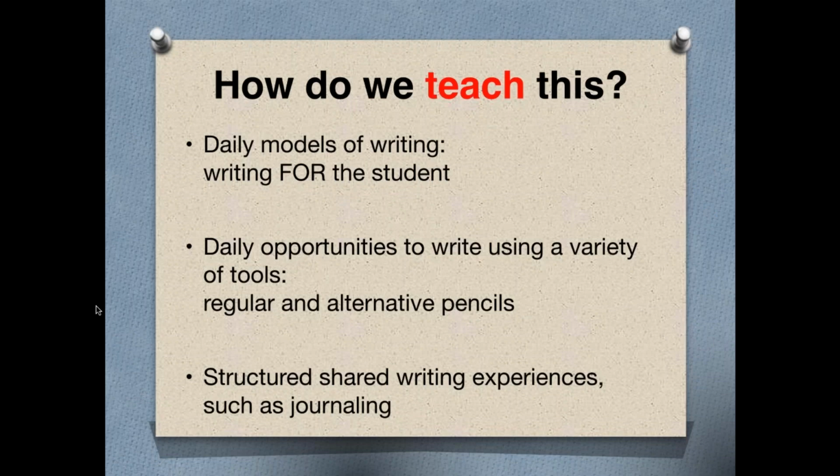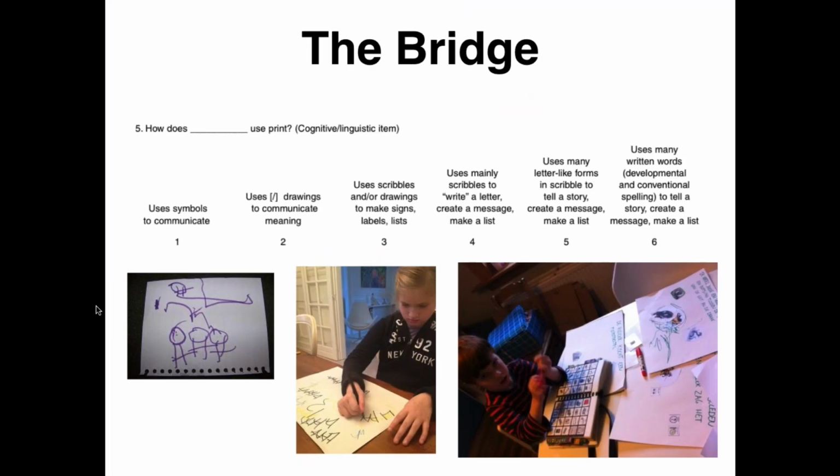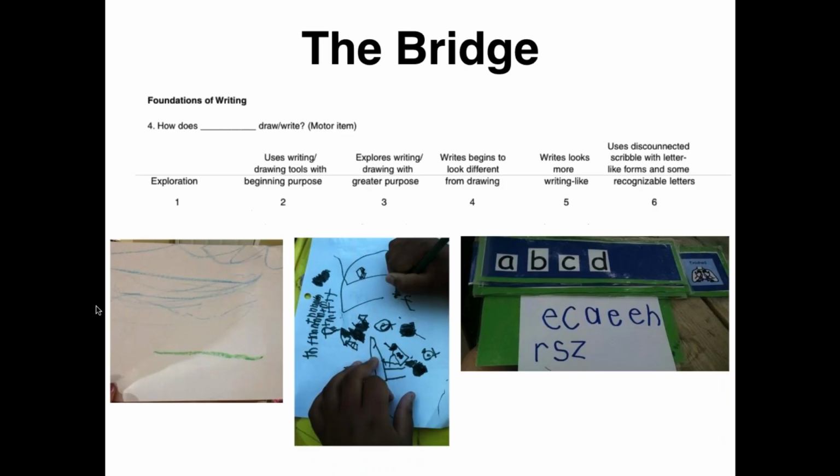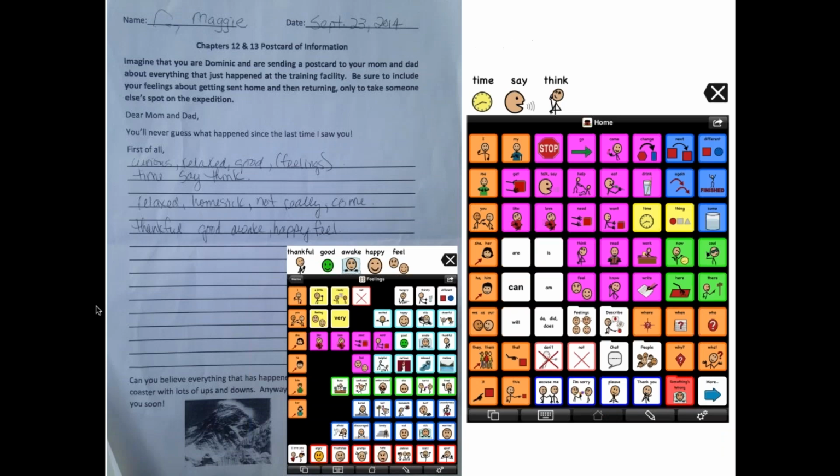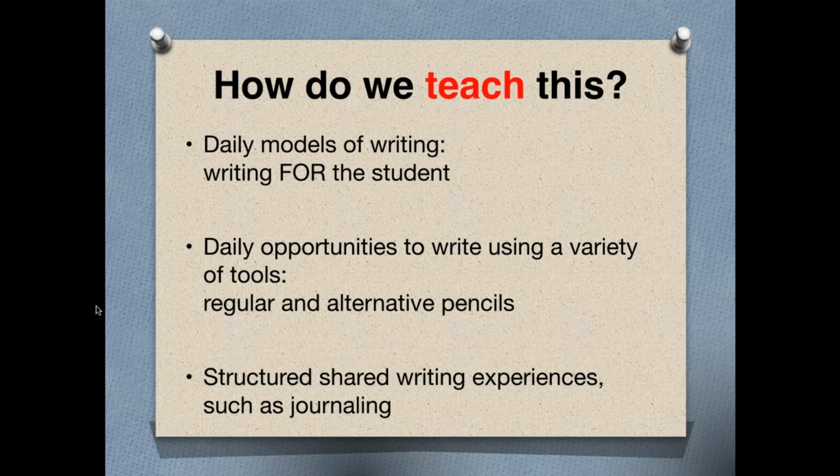So how do we teach this? How do we teach these 2 things, how to teach students to use print and how to teach students to draw and write to convey meaning? We know that it's absolutely essential for our kids to have daily models of writing. We need to write for them.